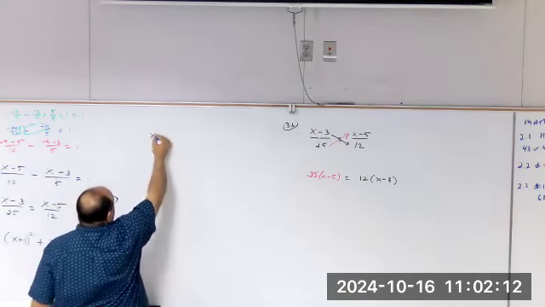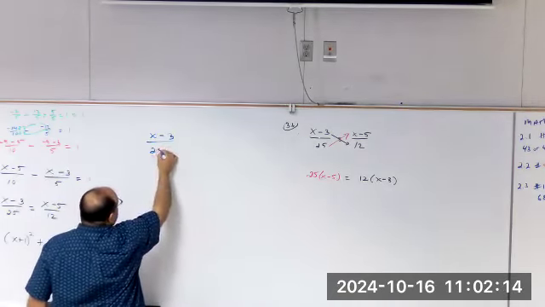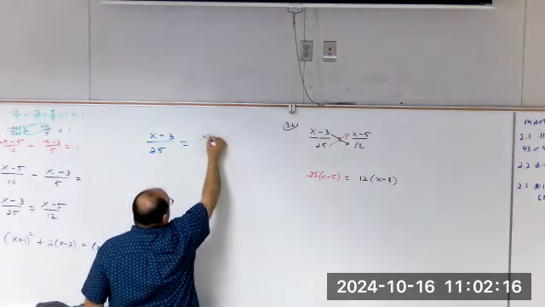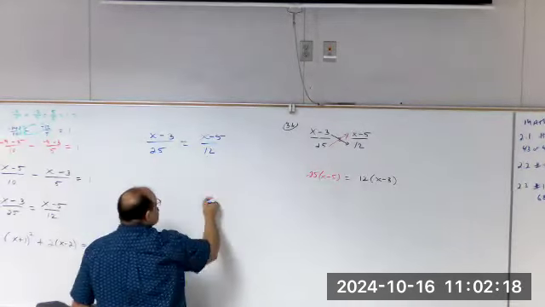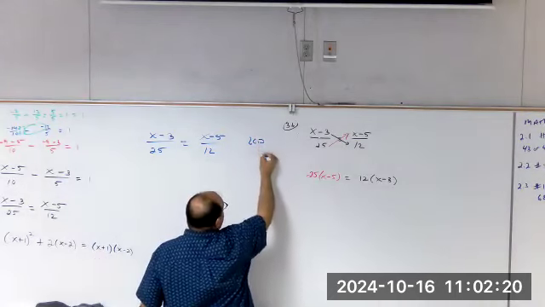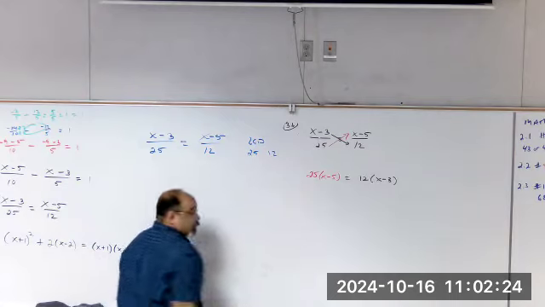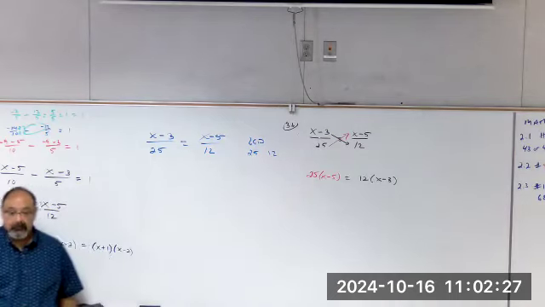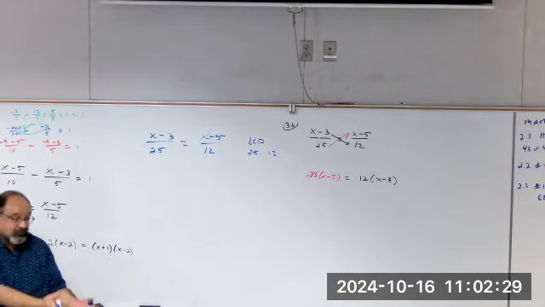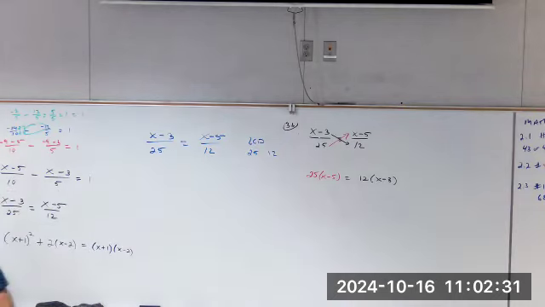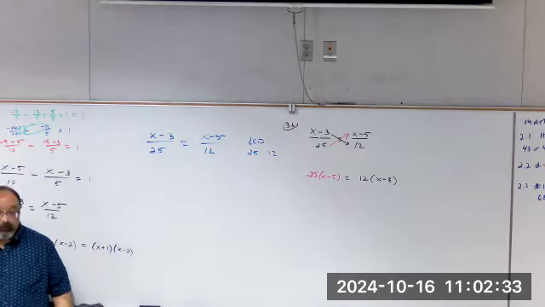X minus 3 over 25, x minus 5 over 20. So we need the least common denominator for 25 and 12. Well, okay. 25 has to go into it, and then 12 has to go into it. You know, the first thing that they both go into is 25 times 12.